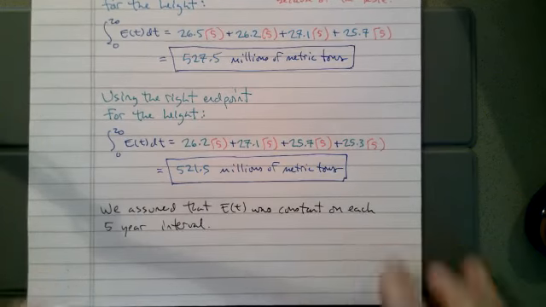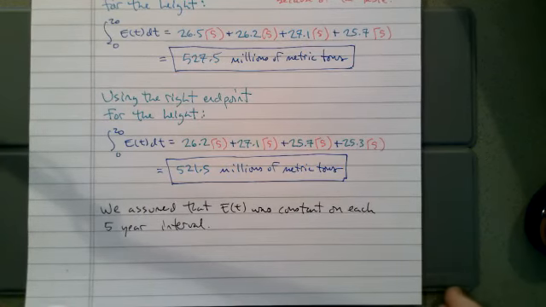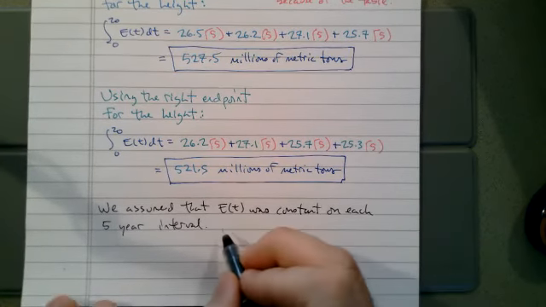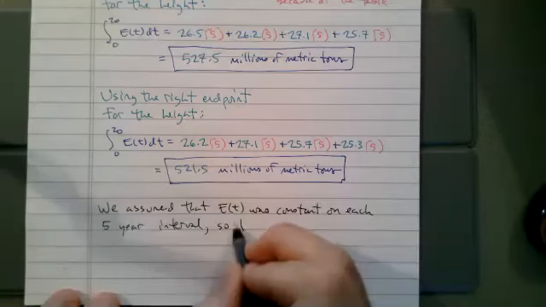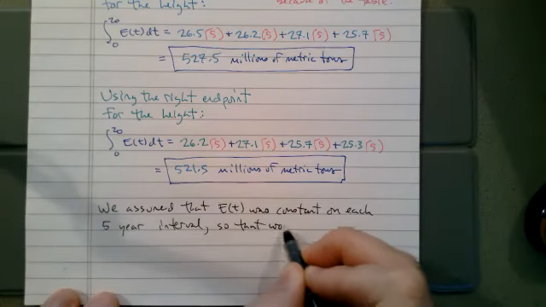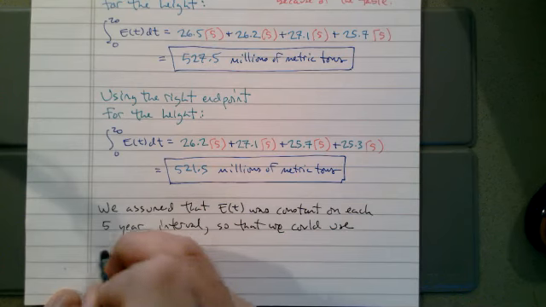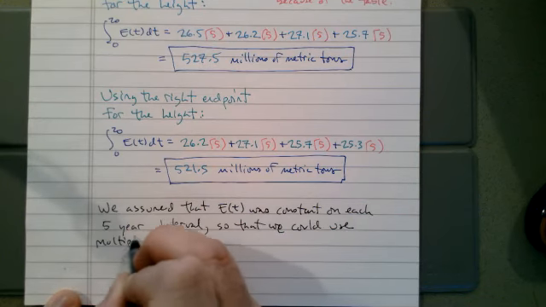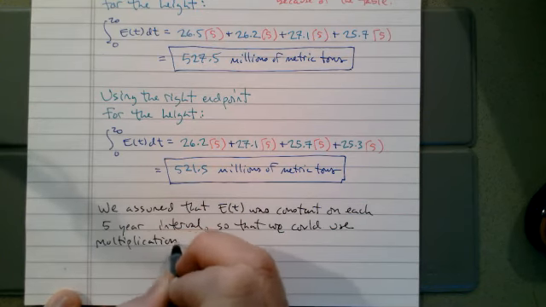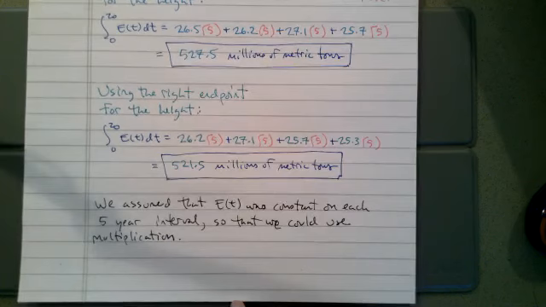Once something is constant, we get to use multiplication. Any questions?